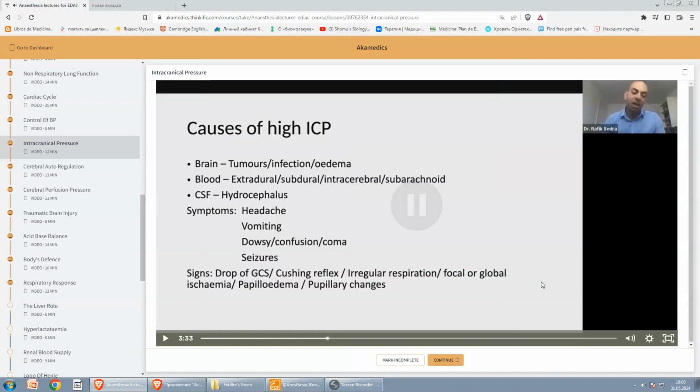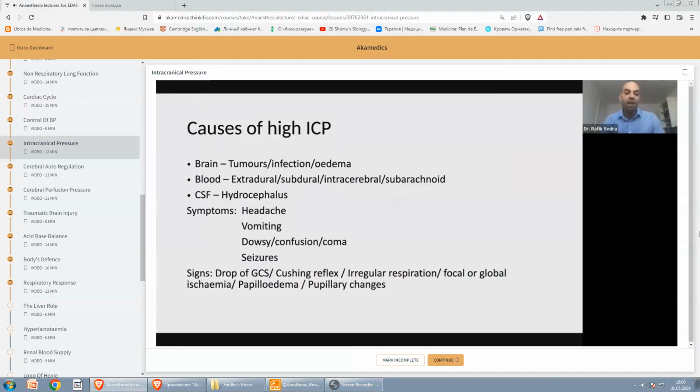And then unfortunately, if they didn't call the ambulance quite early and they try to do something about it, they can get to coma and completely lose their consciousness. Okay, these are the symptoms which the patient will tell you about.